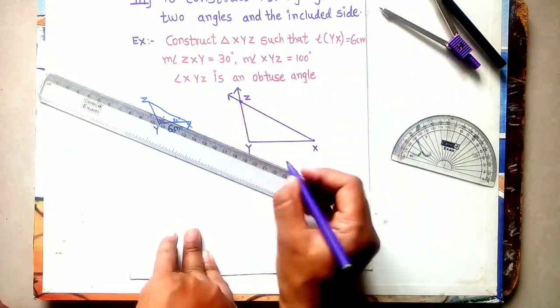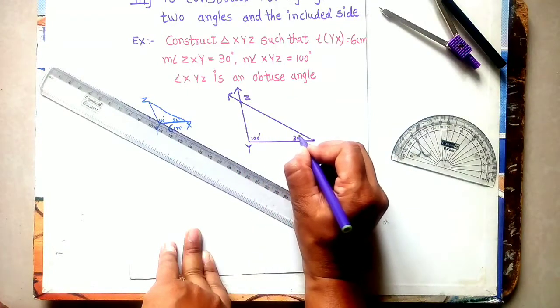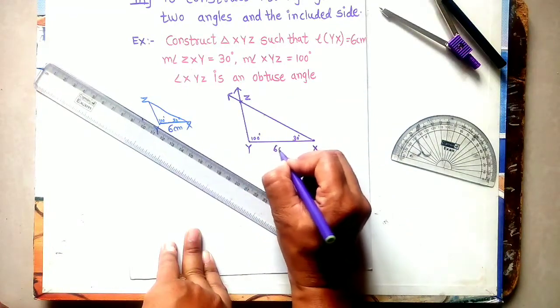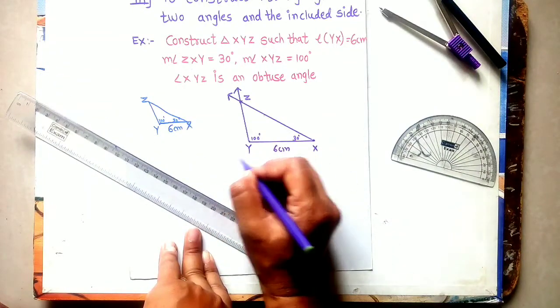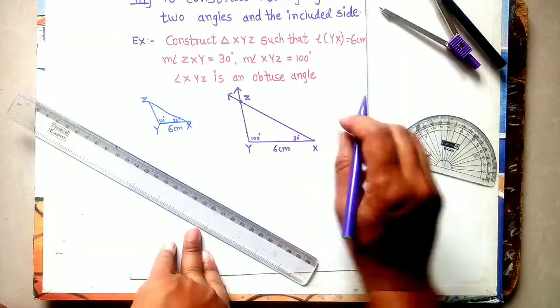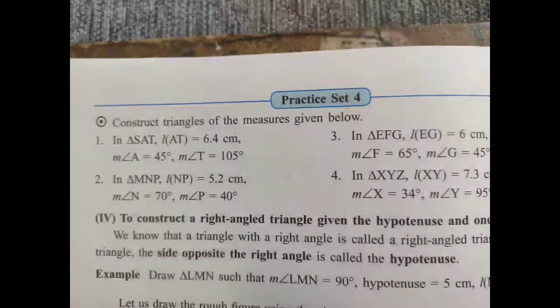See how an identical triangle can be drawn on the other side of the base. Homework is practice set 4, questions 1 to 4.